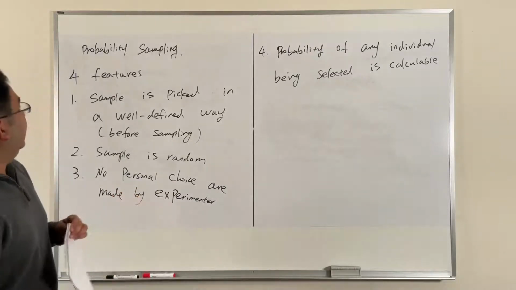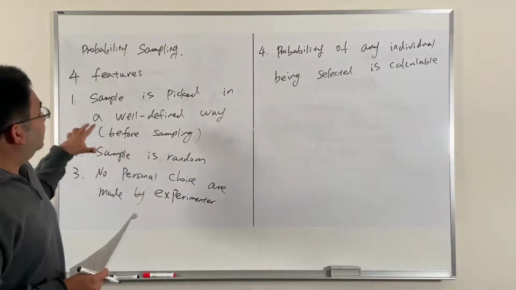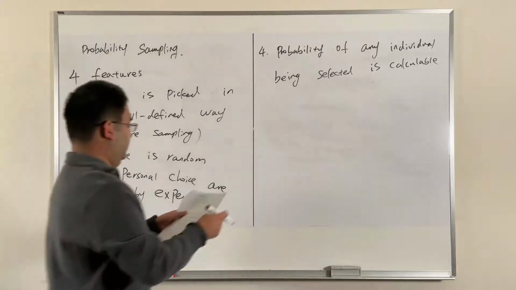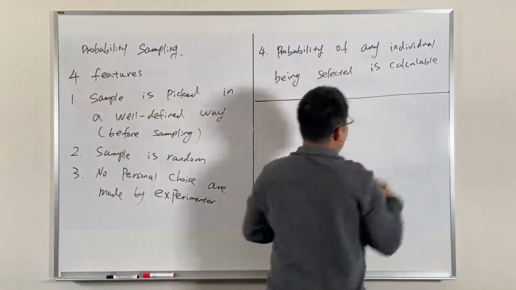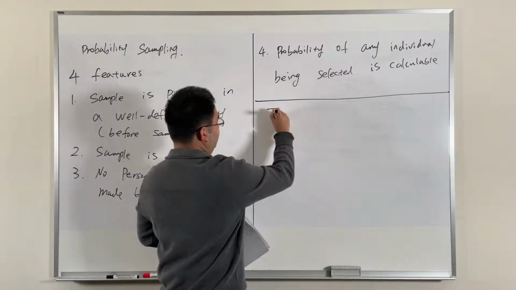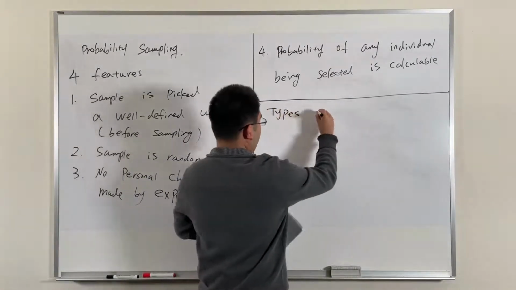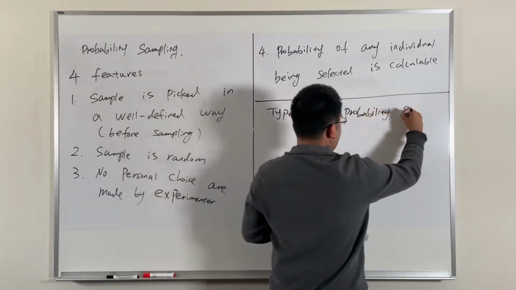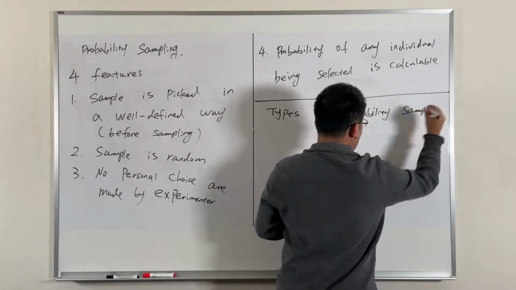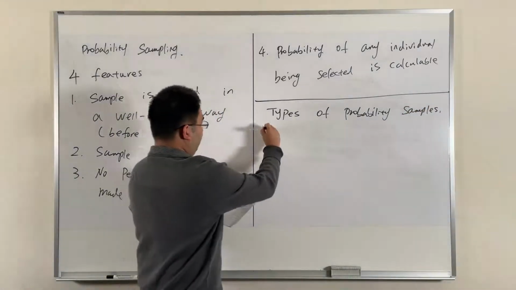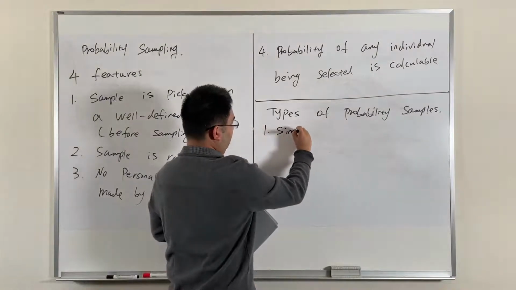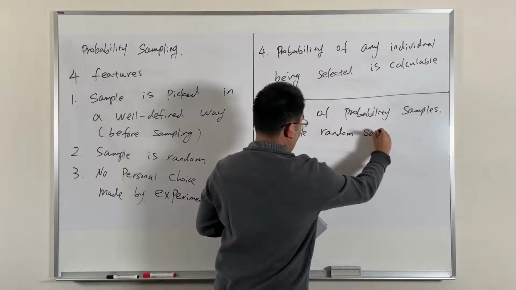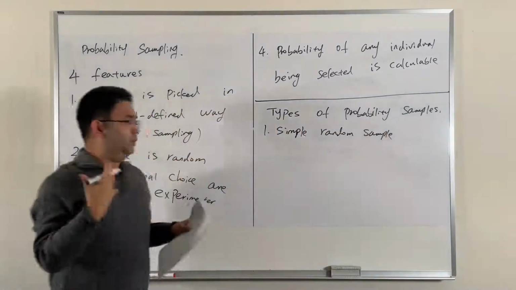Okay, and then under probability sampling, there are 4 types of probability samples. The first one is the simple random sample.